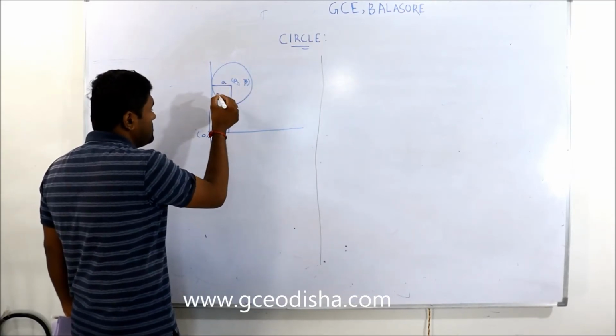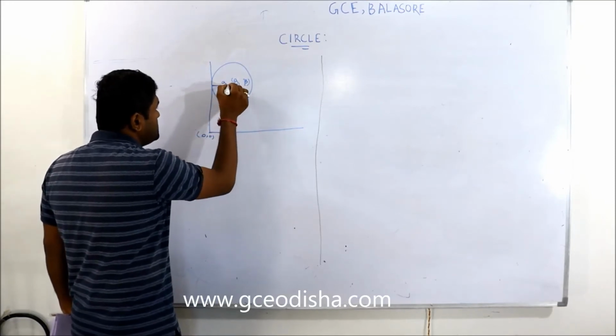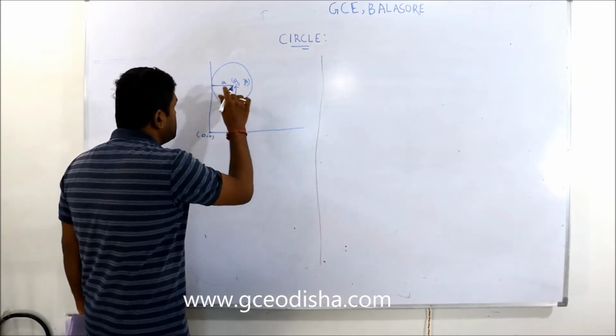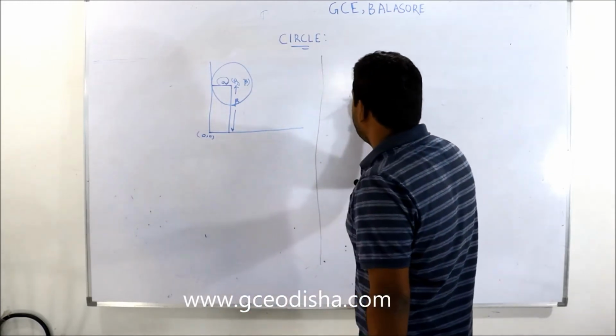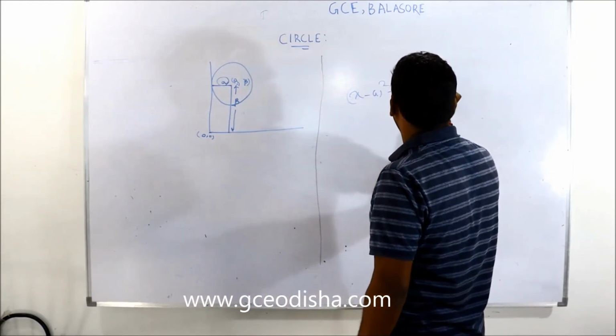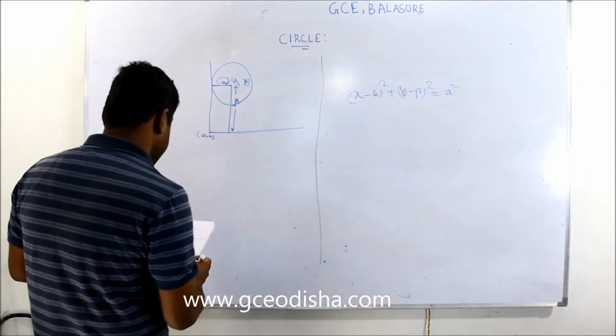Let this be the Cartesian plane, this is 0,0. And a is the x unit distance from 0,0, and this is beta. Then what is the radius? The radius is a. Then what is the equation of the circle? (x minus a) square plus (y minus beta) square is equal to a square. Okay.